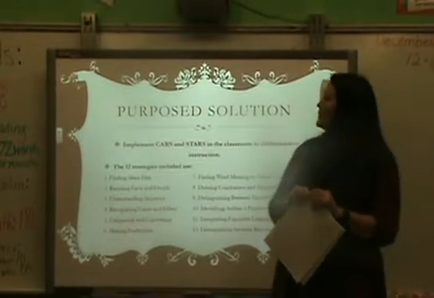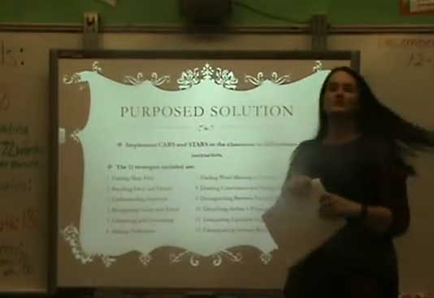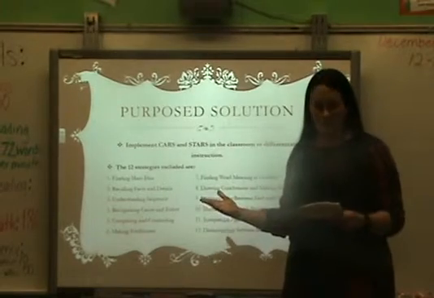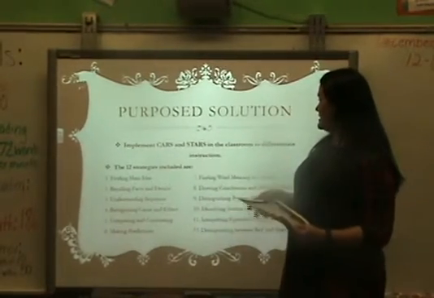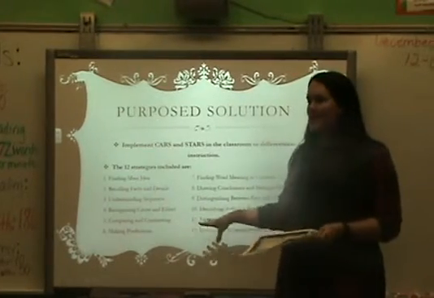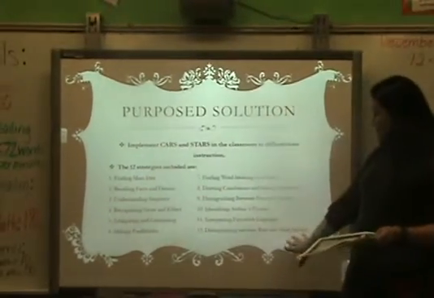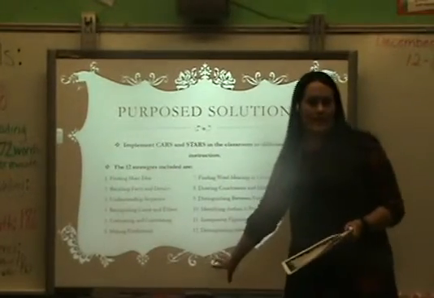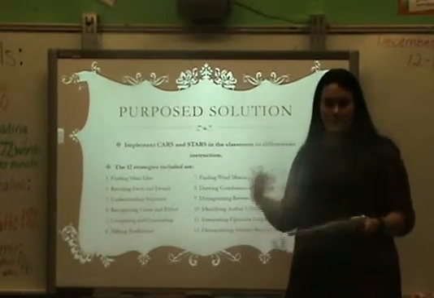So our proposed solution is to follow CARS and STARS, implement it, and differentiate instruction according to what skill they are needing. So if you notice, I have the 12 skills that CARS and STARS test on and build their skills on.